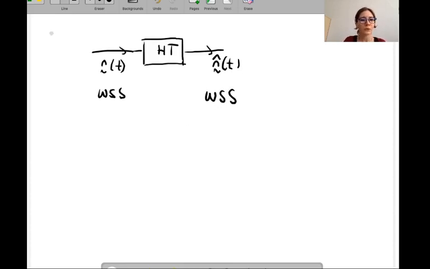What is new here is that we will also assume N of t to be Gaussian. It's a Gaussian process. Now, a Gaussian process entering an LTI system, the output process is also Gaussian.